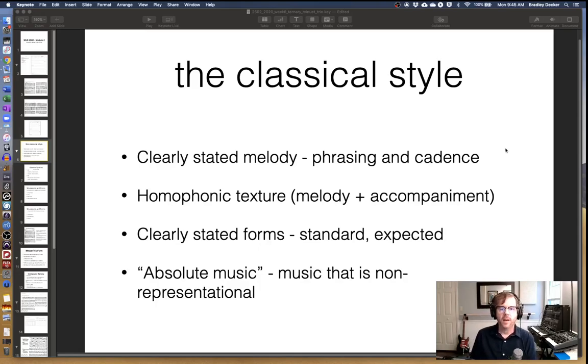A good example is a lot of the architecture from that time period. If you think about American government architecture from the late 18th century to early 19th century, you think of the Capitol building, the Washington Monument, the Lincoln Memorial.